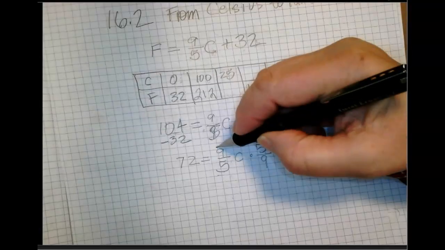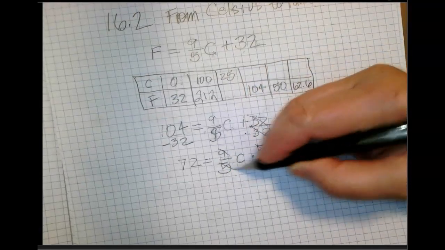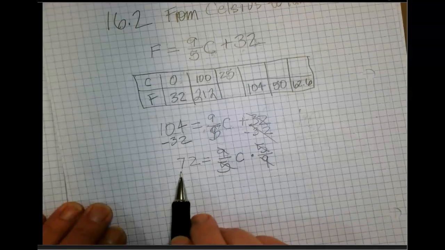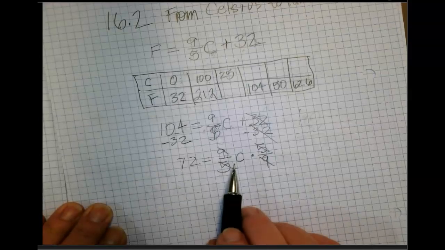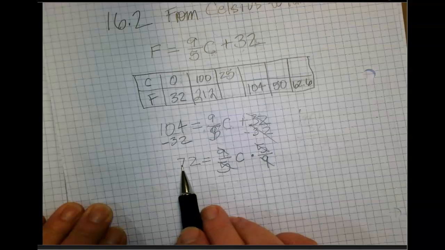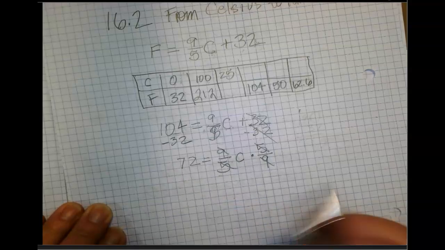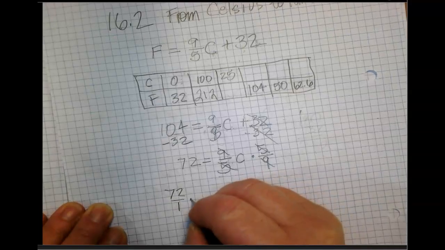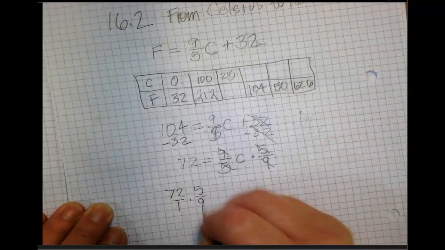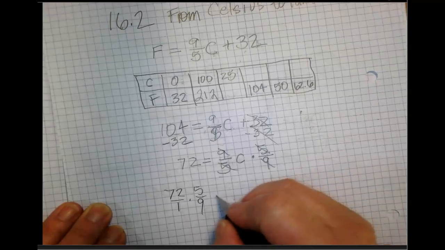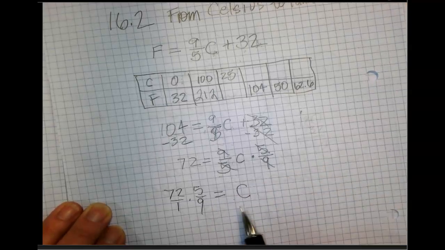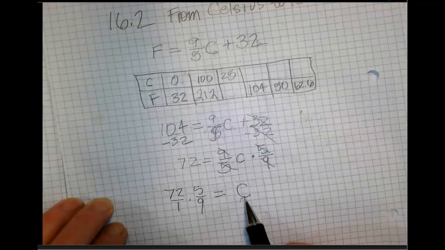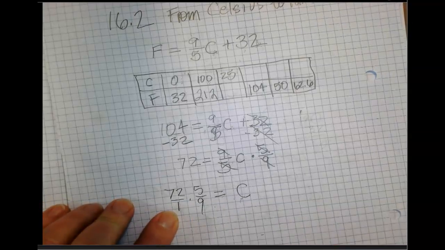So that crosses the fraction off over here, but because this is an equation, I've got to multiply 72 times 5/9 also. So see, look, I've got C all by itself. And now I'm just going to finish my arithmetic.